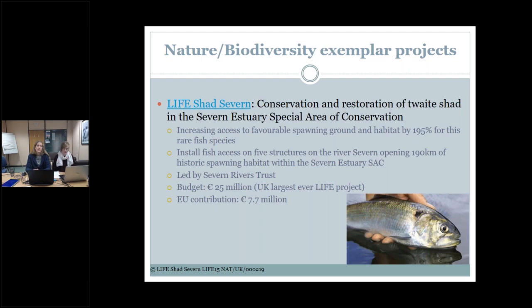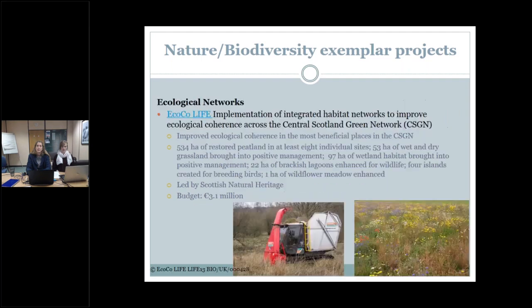During the Industrial Revolution, the river has been constrained and weirs have been built, so it was impossible for the fish to continue to migrate along the river to its spawning grounds. So this project is looking to install fish access on 5 structures along the river, opening up the old spawning grounds within the Severn Estuary SAC. As I said, it's the UK's biggest project, and it's led by the Severn Rivers Trust.